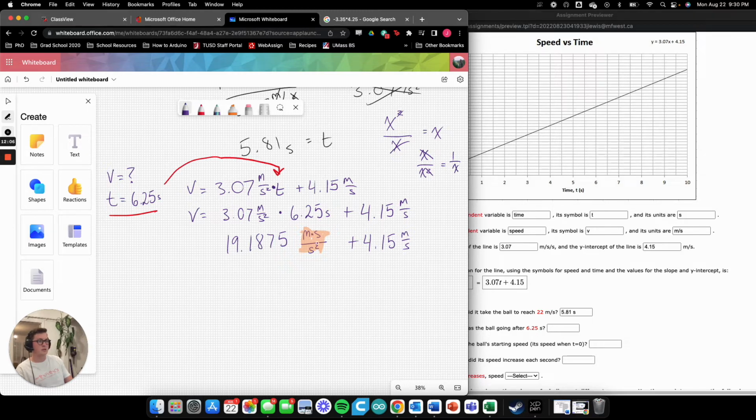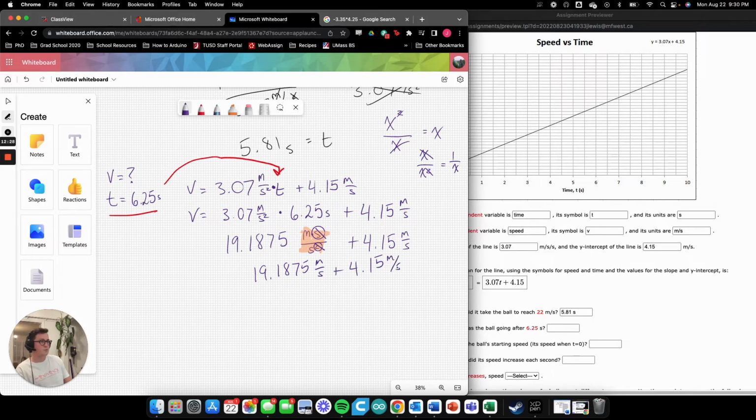So understanding that principle, this seconds cancels out with one of the seconds here, leaving us just with 19.1875 meters per second plus 4.15.